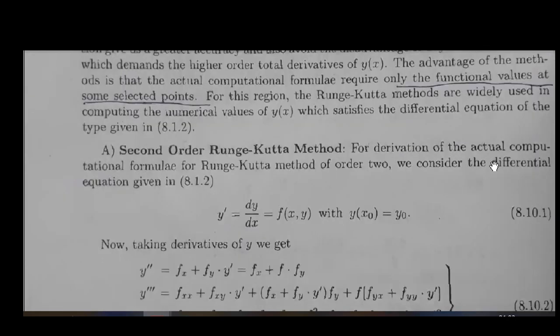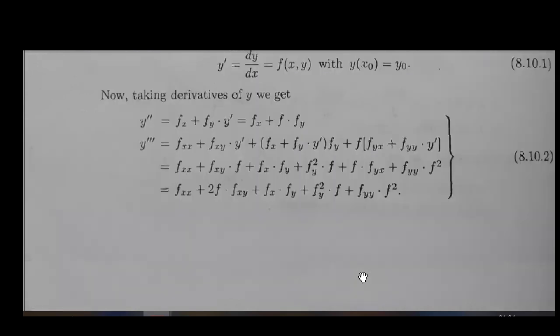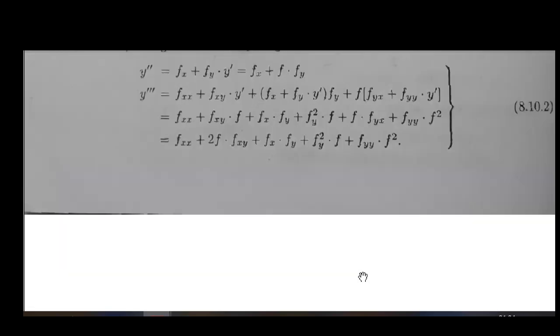The second order Runge-Kutta method, let us start with first, then we will explain the details of it. So this is the thing which is given to us. First and foremost, this has nothing to do with the Runge-Kutta thing. This already we know: y double dash comes out to be this thing, y triple dash comes out to be this thing, and likewise. This is an obvious known fact.